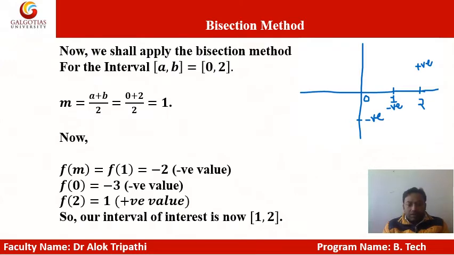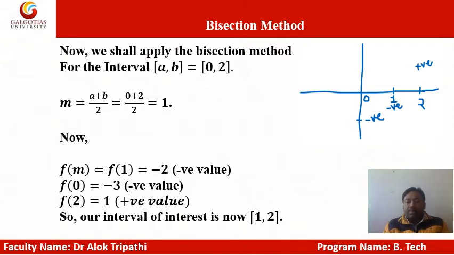f of 0 was negative, f of 2 was positive. That means at 0 we have a negative value, and at 1 we again have a negative value. Therefore our interval of interest will be 1 to 2. For 0 to 1, at both these points the value of the function is negative, meaning they are of the same sign.